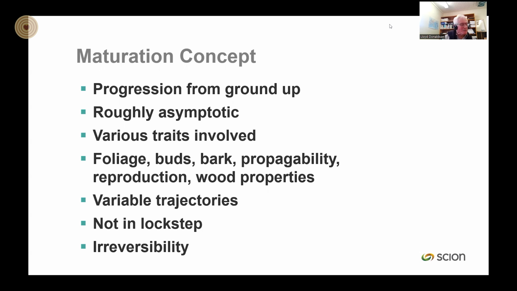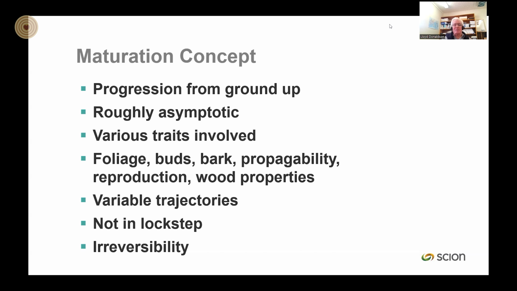Various traits are involved in maturation. You have foliage, which changes from a distinctive juvenile form to the adult form. You have the progression towards producing sealed buds. The bark thickness, in fact, tends to change quite appreciably. Very importantly, you have a decline in propagability, the ability of cuttings to root.